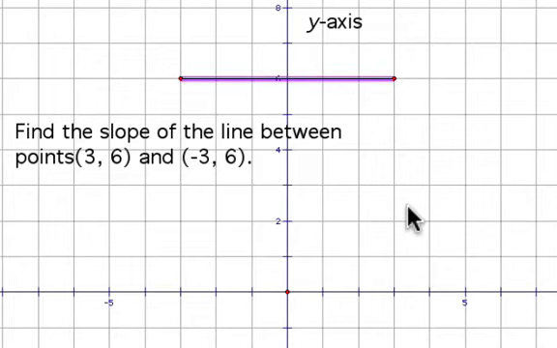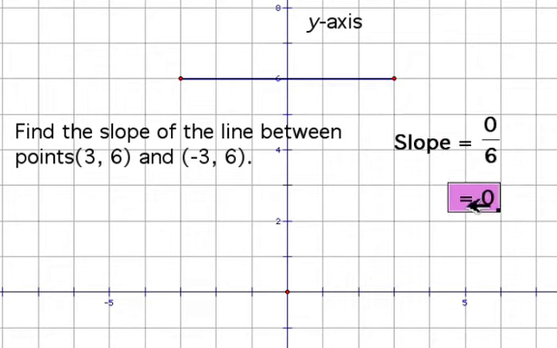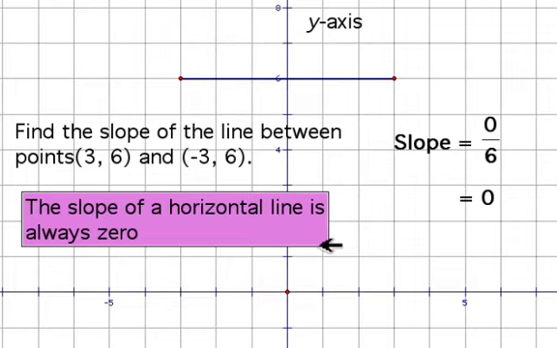And so remember the rise is 0 and the run is 6. So we're not going up or down here. So it's a horizontal line, and so the slope is 0. And so what you should note then, and this is always the case, the slope of a horizontal line is always 0. So we're going to take a look at a final example.